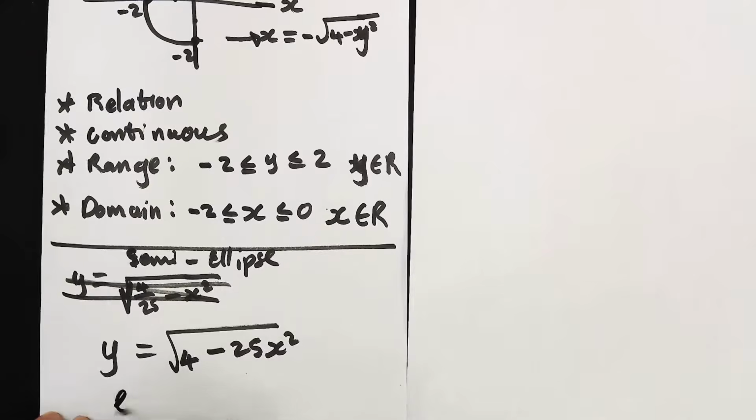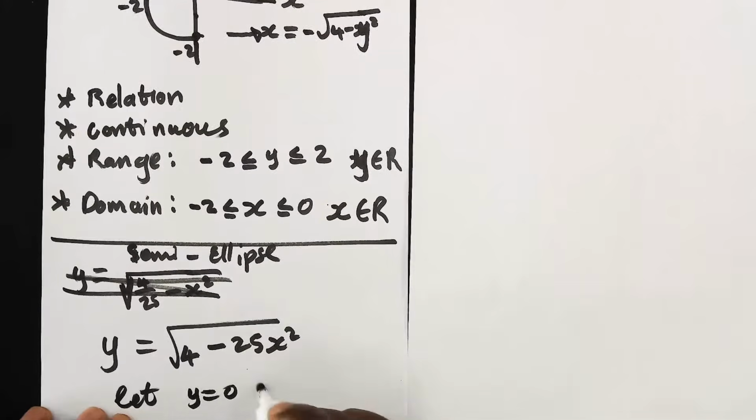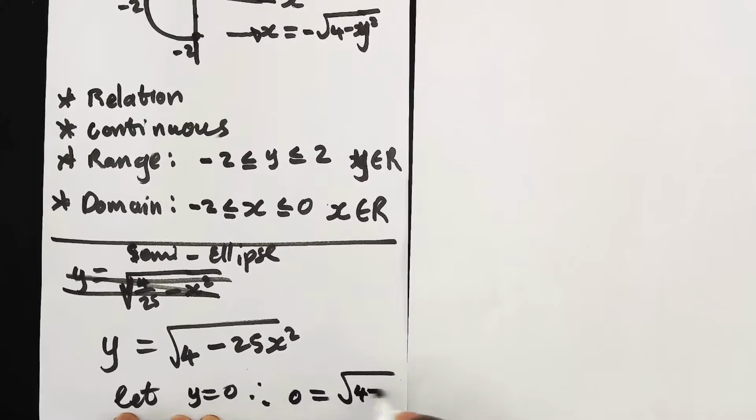So let us try, for an example, let y equal 0. If you let y equal 0, we are going to have 0 equals root of 4 minus 25x squared.